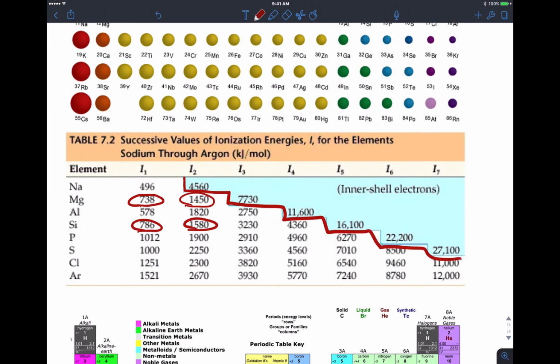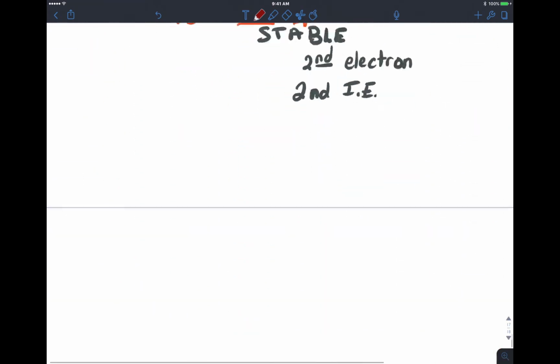Now for sodium, it was because we jumped into a stable state and then we tried to remove 1 extra electron. But why is there an increase for that third one for magnesium? Why is that one so much more? Why wasn't it with the second one? Let's take a look at magnesium and why it does that.